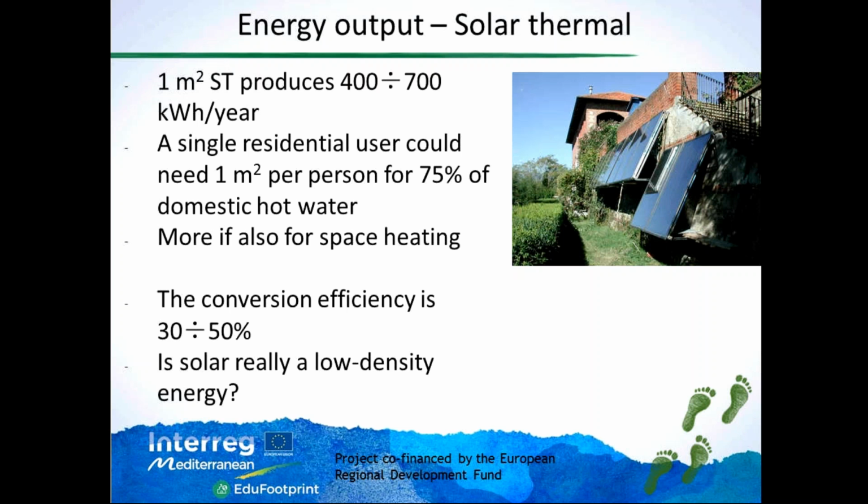Again, if I look at this value from the point of view of the user, it means that if we look at a residential user that uses solar thermal for the production of domestic hot water, we can say that we need about 1 square meter of solar thermal per person for covering about 3/4 of domestic hot water.